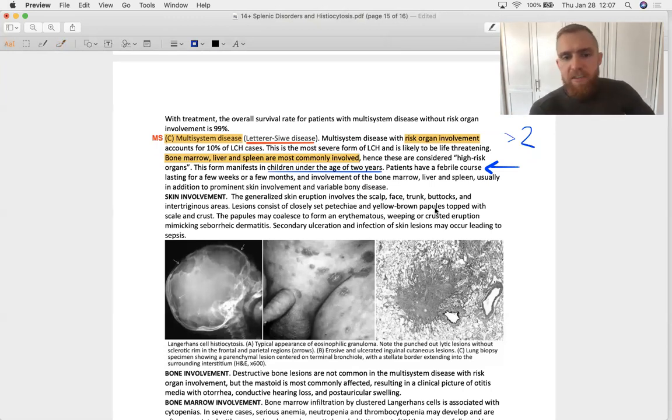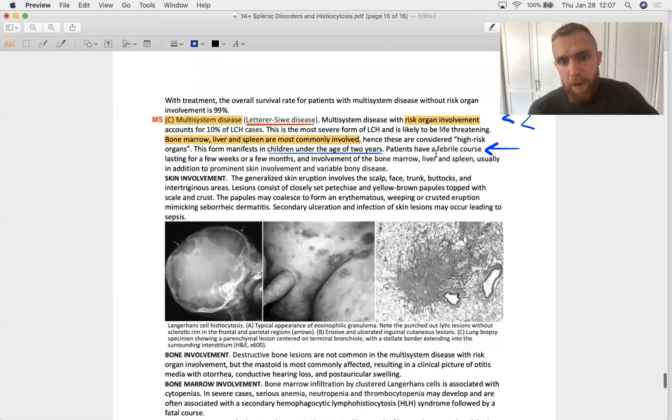And because this has the most fulminant course and the worst prognosis, it typically presents earlier on in life in kids under the age of 2 years. Wow, I am dumb. I said greater than 2. No, less than 2. There we go, less than 2. So less than 2 years old. Again, patients have fever because it's cancer, so there's cytokines in the blood, and bad organs are involved.